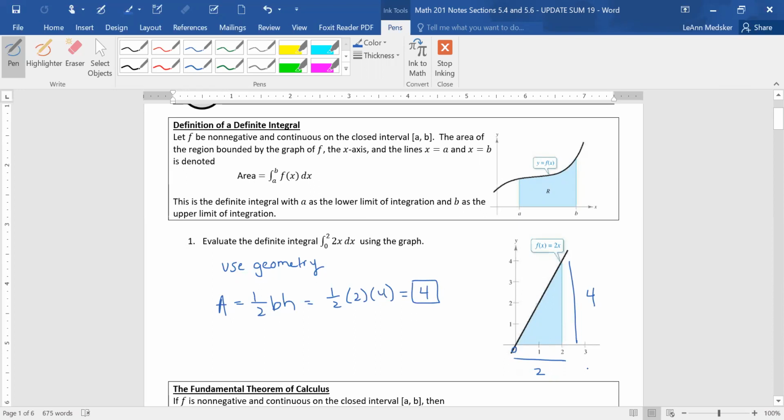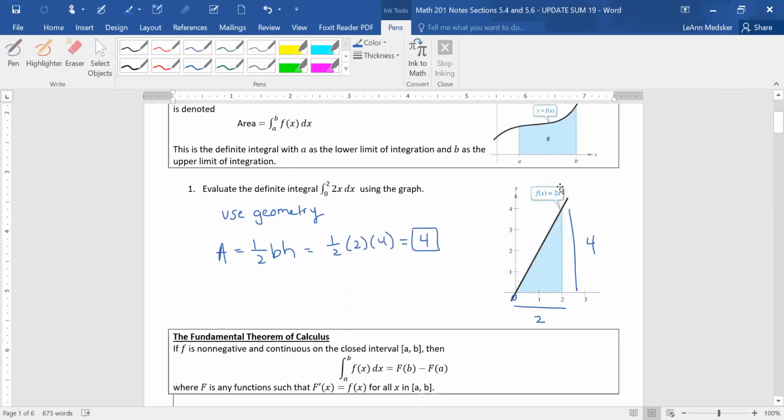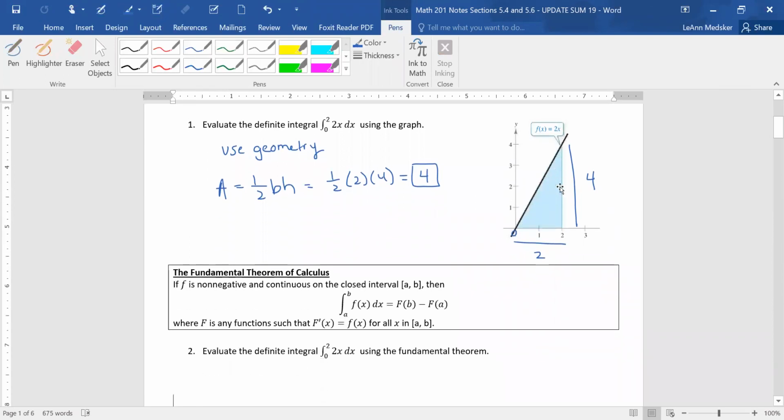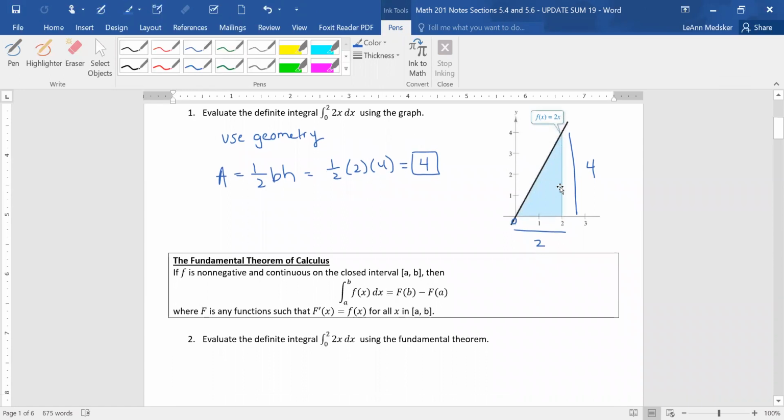Now, unfortunately, a lot of shapes won't be beautiful geometric shapes that we have area formulas for, so we need a better way to tackle this, and that's what the fundamental theorem of calculus is about. It says if f is non-negative and continuous on a closed interval a to b, then the integral from a to b of f of x dx is equal to the antiderivative evaluated at b, the upper limit, minus the antiderivative evaluated at the lower limit.